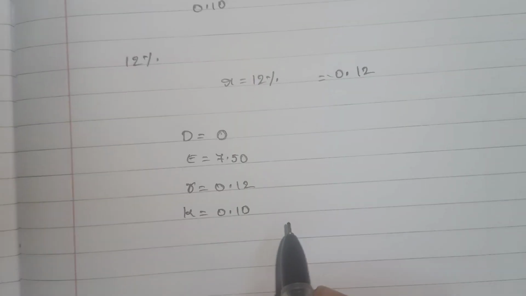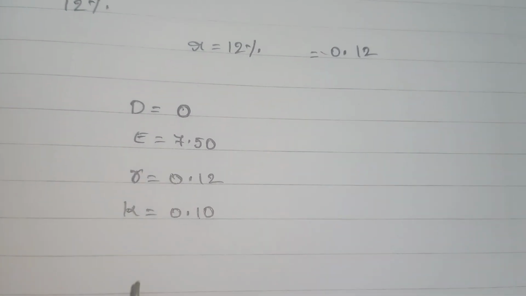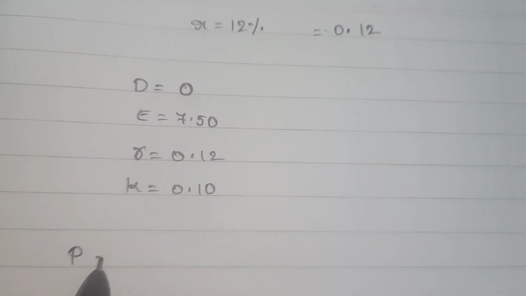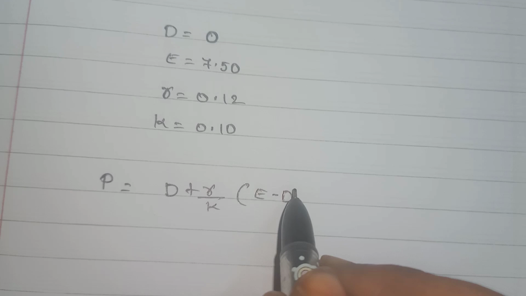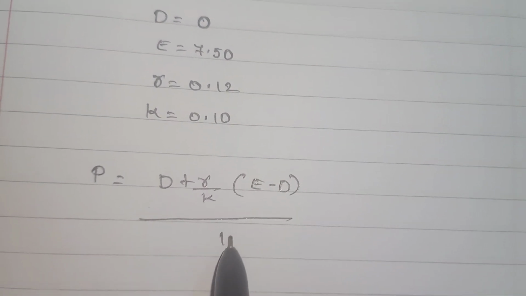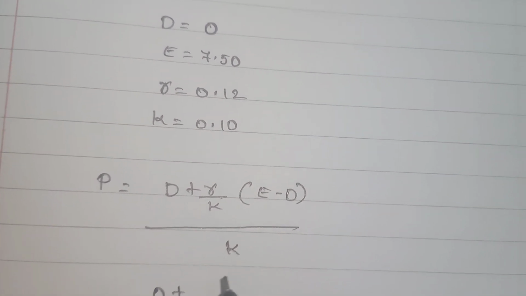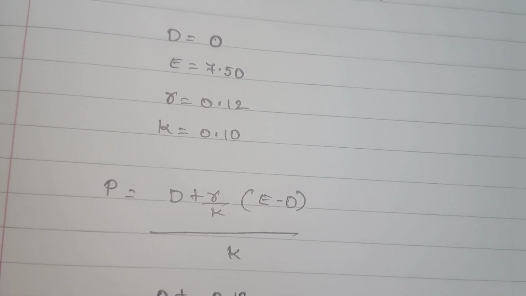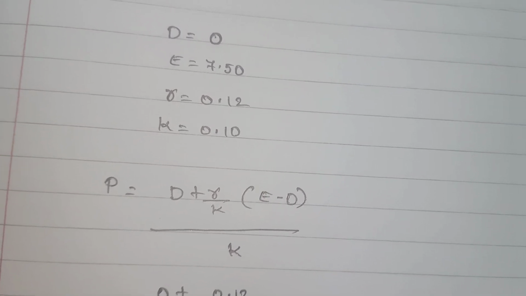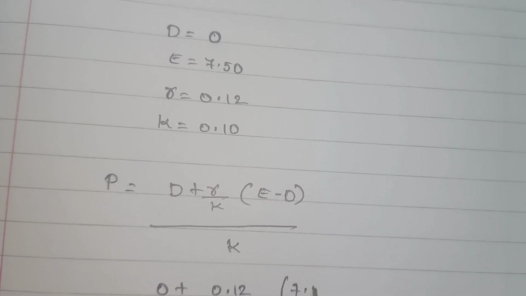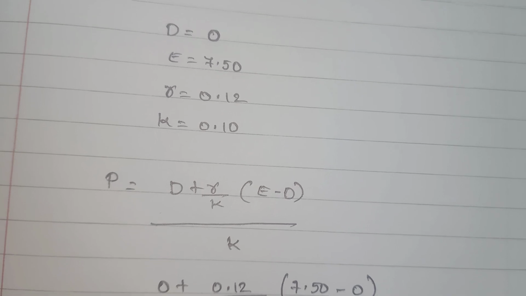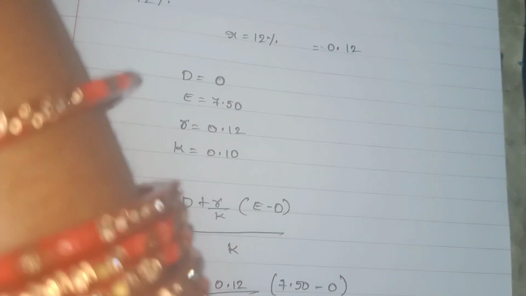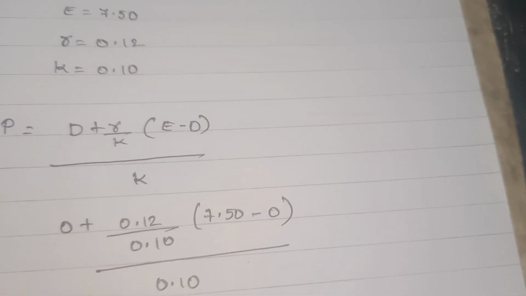Now we substitute in the formula. P is equal to D plus R by K into E minus D by K. D is equal to 0, R is equal to 0.12, K is 0.10, E is 7.50 minus 0, by 0.10.